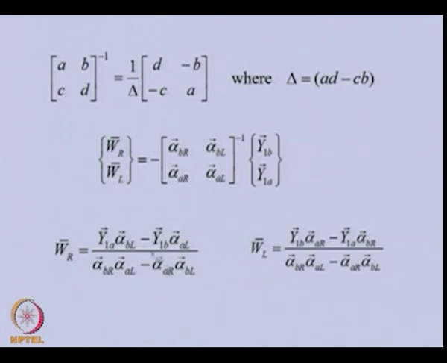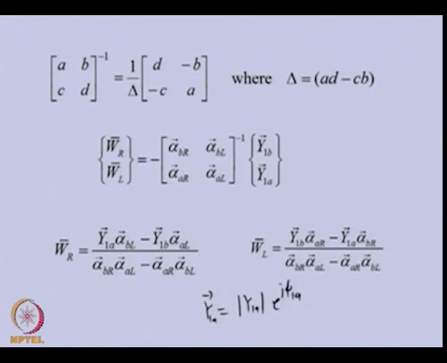Generally we will be working in the complex form, so that we have the phase information and the amplitude information. Like if one of the vectors is yA, this will be y1A e^(jφ1A).